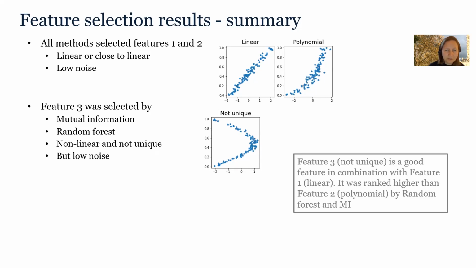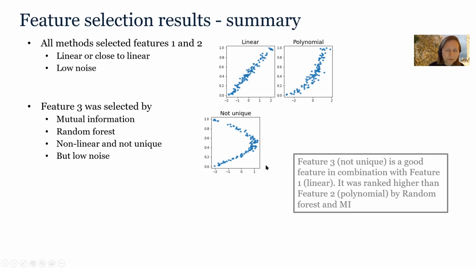And we can observe that it was actually a very good feature in combination with feature 1, which is linear, because the combination of these two features made the relationship unique. And also, if the model is able to model nonlinear relationships like random forest, then this is a highly predictive feature as well.